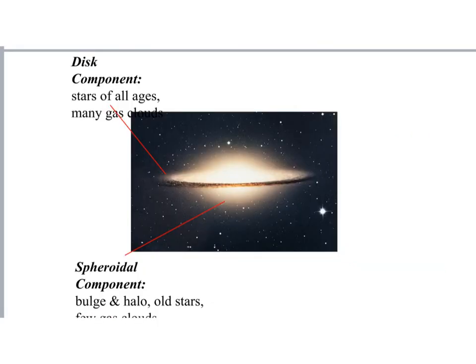Here's another example, and this is actually a beautiful galaxy. It's quite famous for its beautiful shape. This is called the sombrero galaxy. Of course, these are names given by us. Look at it. Oh, it kind of looks like a sombrero. So what do we see here? We see many gas clouds in the disk, right? So the disk component.